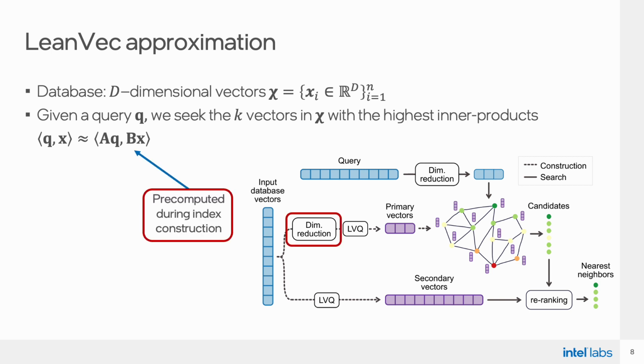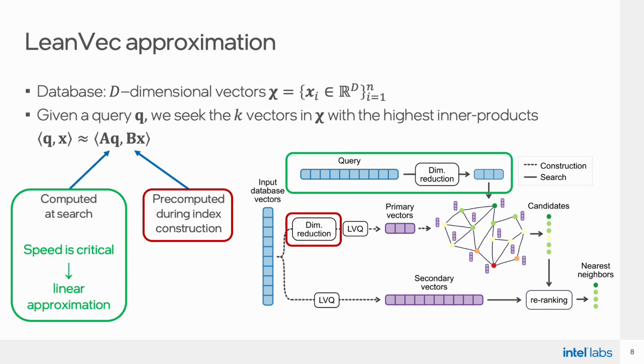The application of the matrix to the database vectors can be done offline when we are constructing the index, so this is a less critical step. But as I was just mentioning, the application of the matrix multiplication to the query needs to be applied during search, so the speed of this step is extremely critical, and that is the main reason why linear approximation was used in this work.